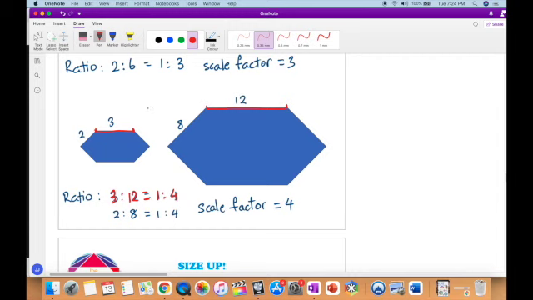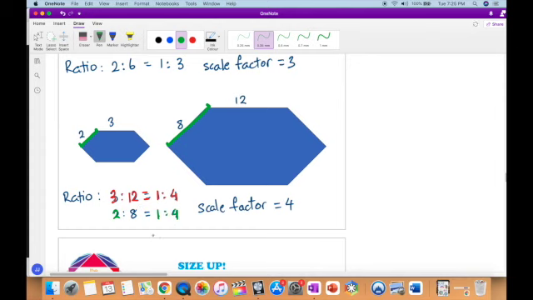These sides are in a ratio of 1 to 4. The problem is that all of the sides are different, right? So I have to check the other sides too. So now I could check this side here in relation to this side. And I could see that that is a ratio of 2 to 8, which also works out to 1 to 4.